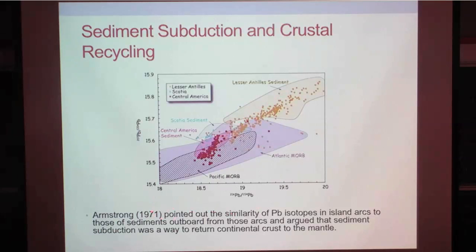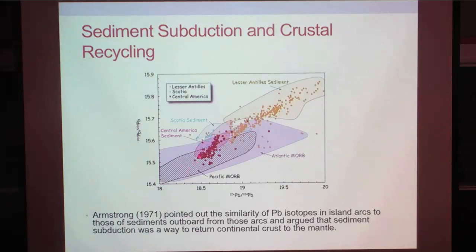That paper was 1971, and he argued that, in fact, sediment, not just basalt, but sediment could be subducted into the mantle as well, sediment being derived from the continental crust. And somehow that finds its way into the arc magma systems, and it comes back out in the arc magmas.